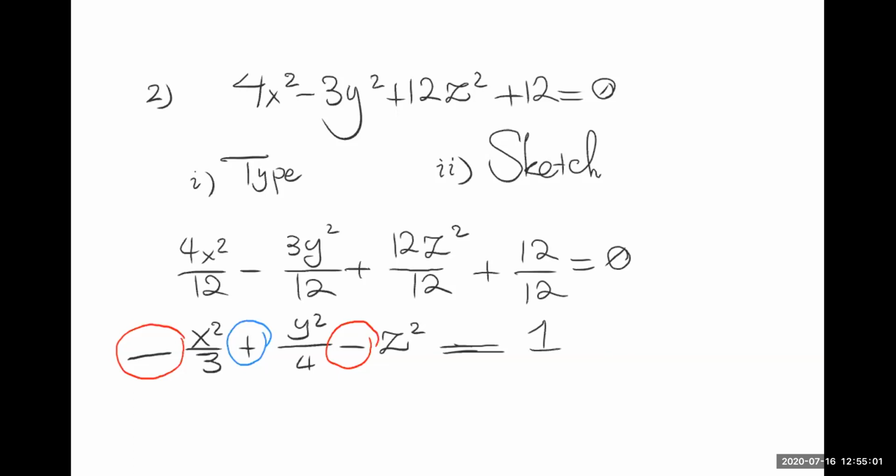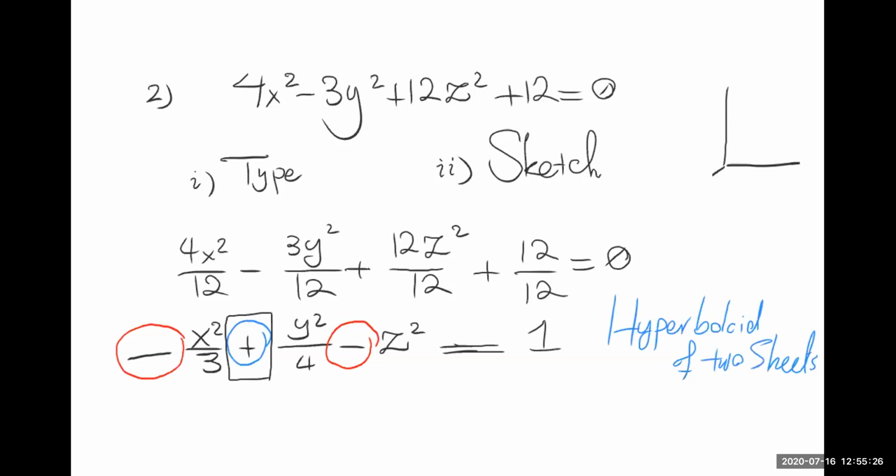We can look at which surface has 2 negatives and 1 positive, and we see it's the hyperboloid of 2 sheets. It is always in the direction of the variable with the positive sign. So with x, y, z, these 2 sheets are in the direction of y. It's going to be kind of like this.